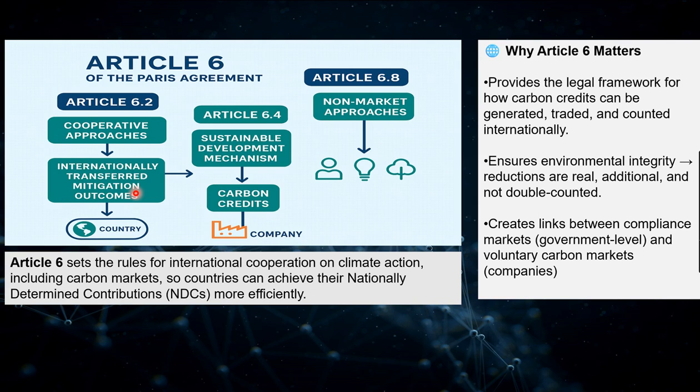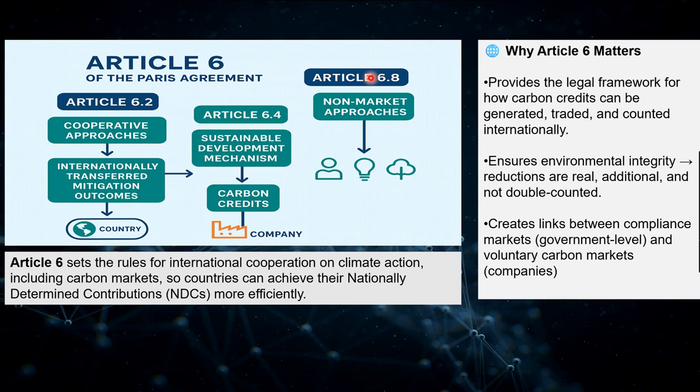So in a way, they are financing that project in a different country. 6.4 says sustainable development mechanism, the carbon credit, so about the activities and other things. And Article 6.8 talks about the non-market approaches, which means trading.